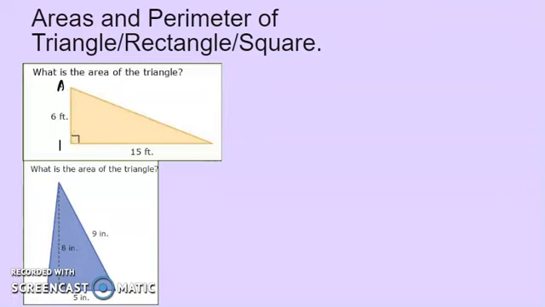So BC is base here because the rest of the part of the triangle is standing upon BC. And height is always a perpendicular distance from the opposite vertex. So from vertex A, which is the opposite, here the height is 6 feet and base is 15 feet.